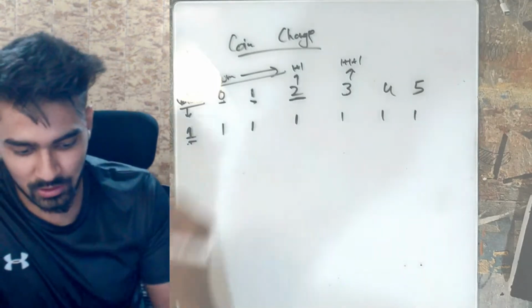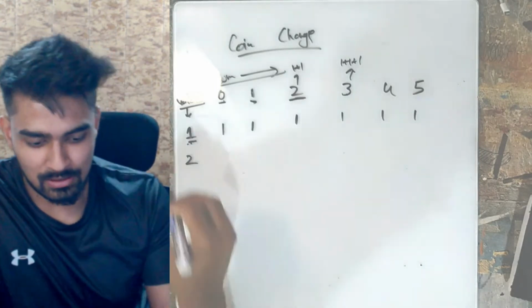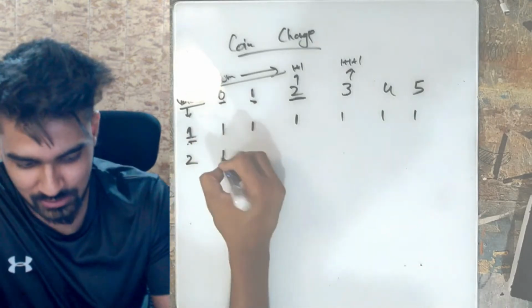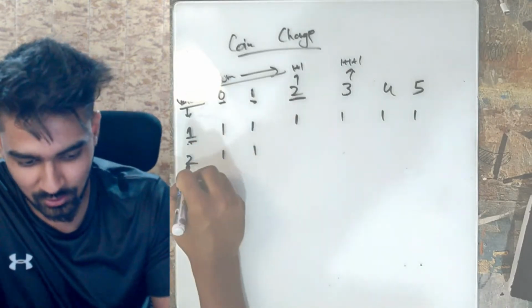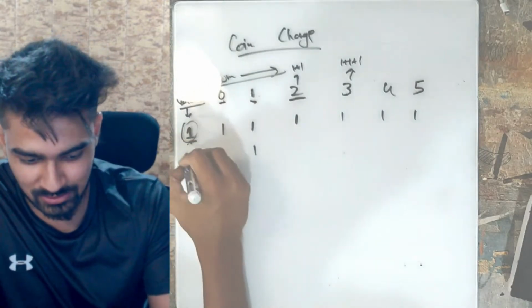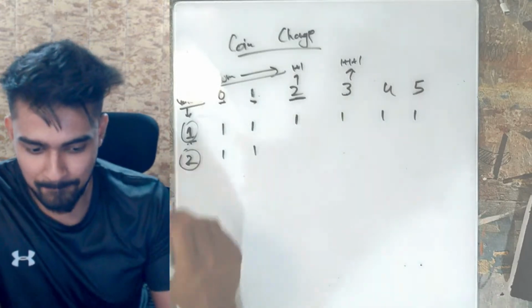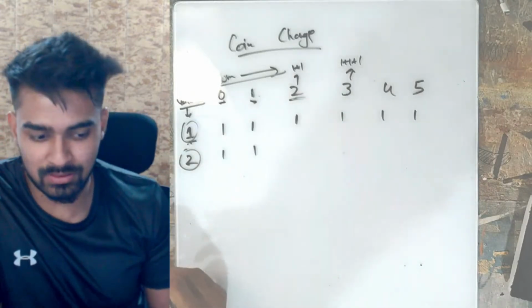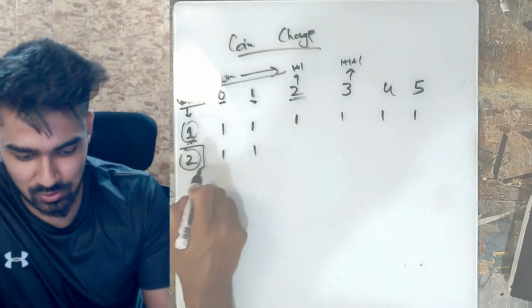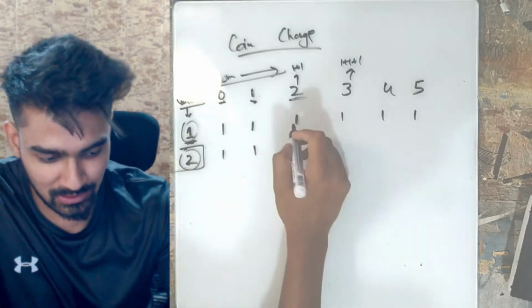Now, what if we add another value of 2? Since this 2 is greater than the sums 0 and 1, there is no change here, because you cannot use this 2 coin for any of these. Let's say these are coins actually, and this is the total amount you want to make. But when you come on to this case, you will see that you could either keep this 2 aside and consider that you only had a 1, so that actually gave you one way.